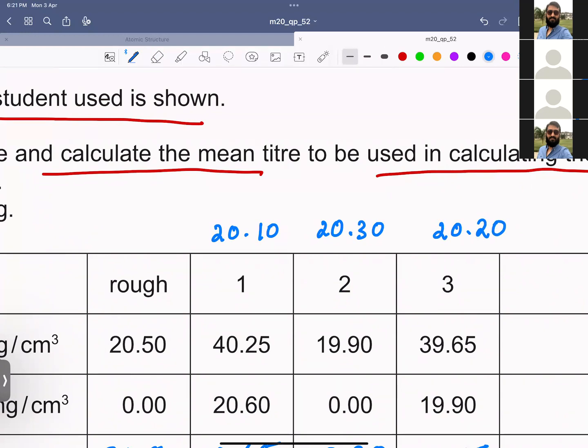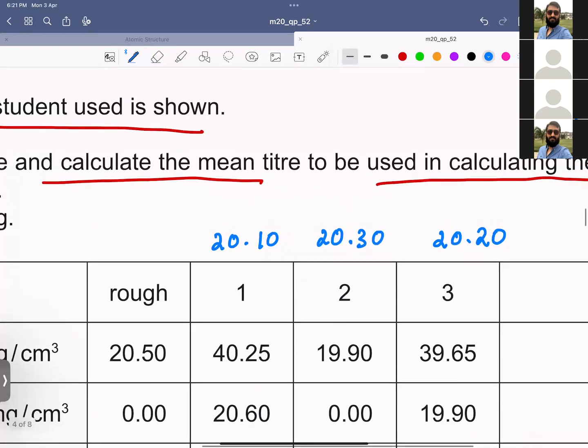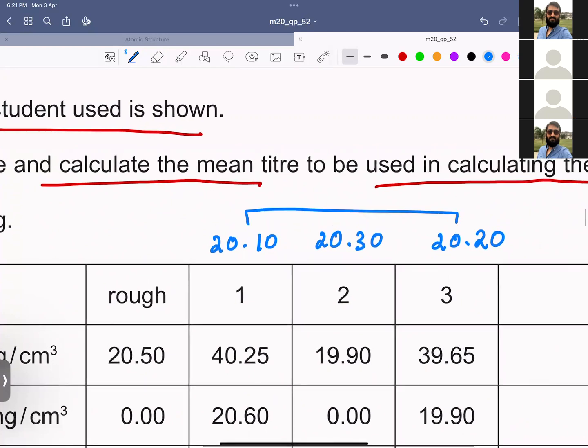Now if you see these three titers, to get the mean, which values do you have to use? Sir, will we use all three? Yes, in this case, very good. We use all three values, because if I compare these two, they have a 0.1 difference, and these two also have a 0.1 difference.